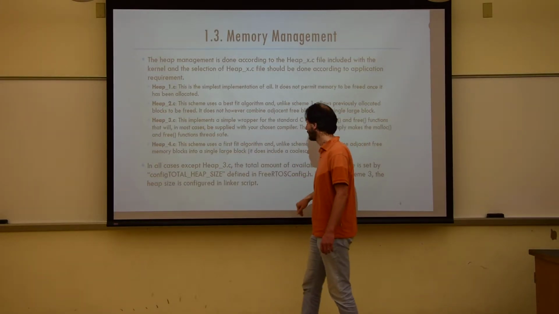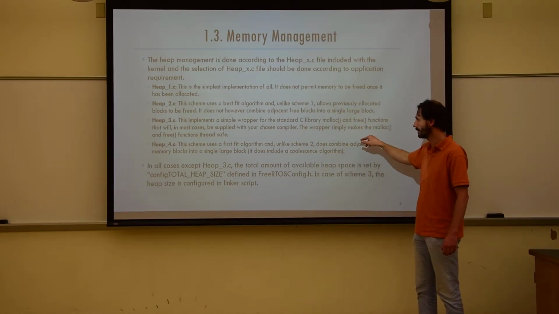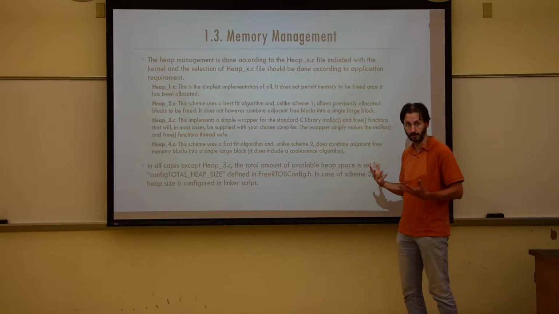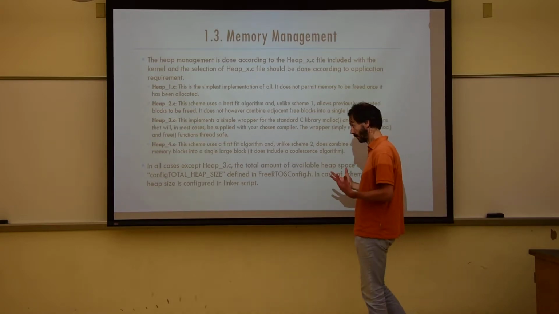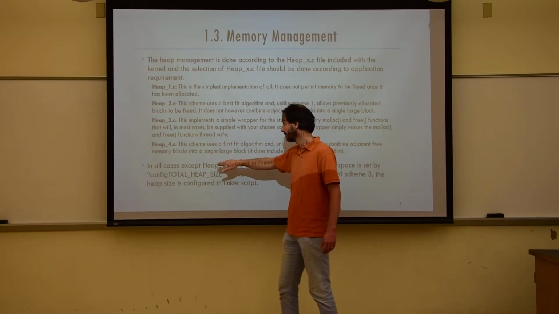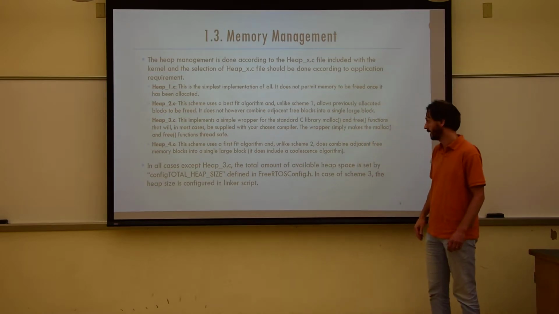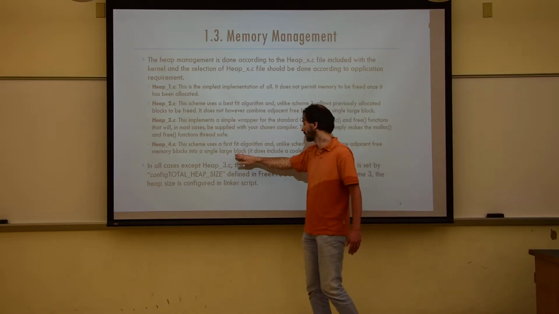Heap 3 is really a simple wrapper for the standard C library malloc and free functions. That means you really want to make sure that malloc and free are thread safe, in other words, that threads do not conflict with one another when it comes to memory allocation. Heap 4 is a little bit different. It uses the first fit algorithm, and it combines adjacent free memory blocks into single large blocks.